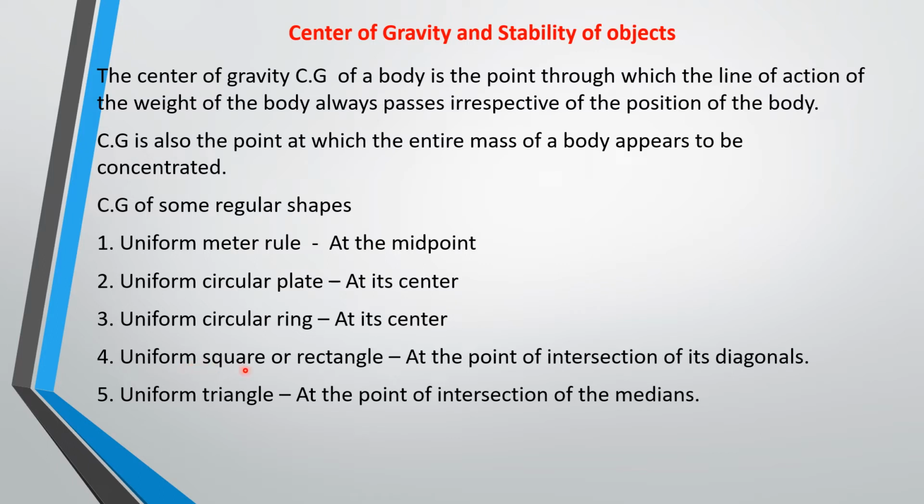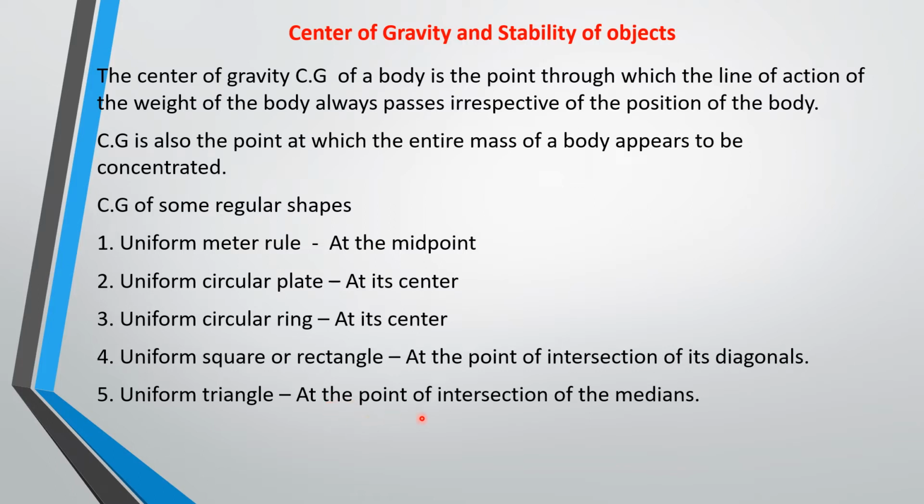For a uniform square or rectangle, you draw diagonals, so that the point of intersection of the diagonals is where the center of gravity of a uniform square or rectangle is. Then also for a uniform triangle, you draw medians.